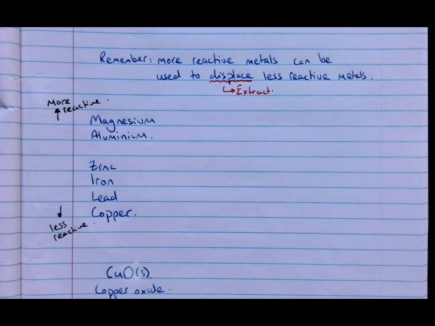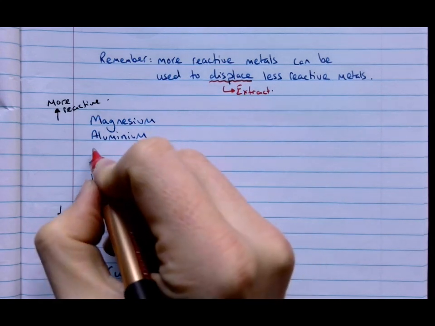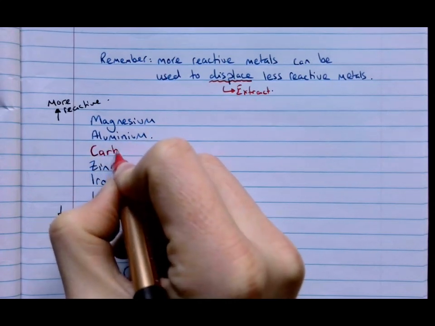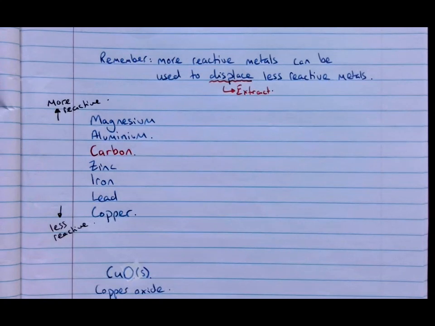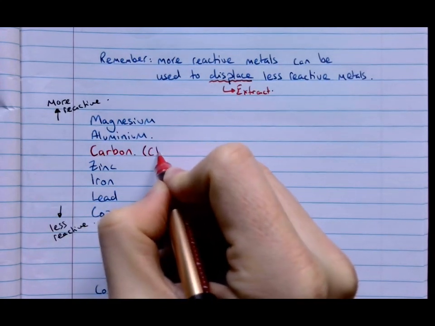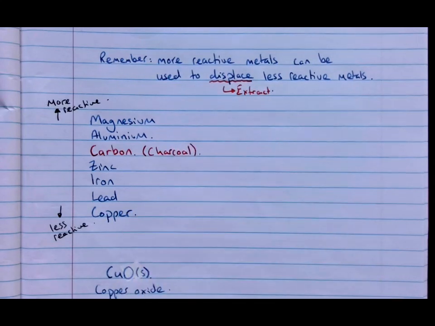However, there is a solution to this, and you'll see that I've left a gap here, and that's because right here in the reactivity series, we have carbon. Okay, carbon, like is in charcoal. All right, so the coal that you dig out of the ground. Now, we've got lots and lots of that.